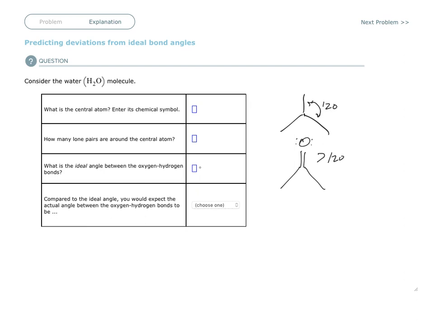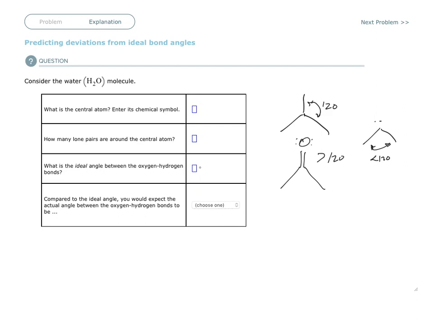If I were to have this as a lone pair, this is going to be squeezed together a little bit more, just like this one. So the angle away from the lone pair is going to be less than 120. It's going to squeeze it away.